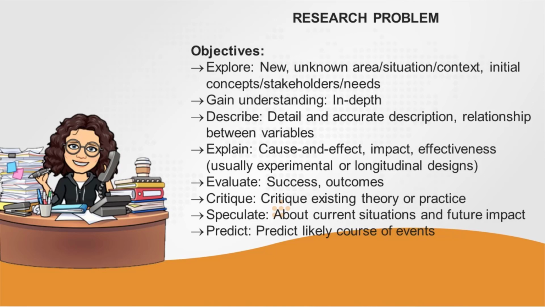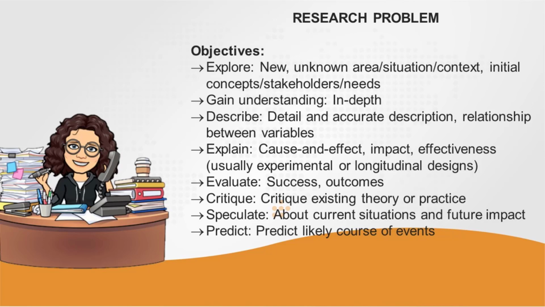They are usually used for quantitative longitudinal studies or quantitative experimental type designs that explain cause and effect relationships specifically between variables, or like impact or effects or influence of one variable on another.